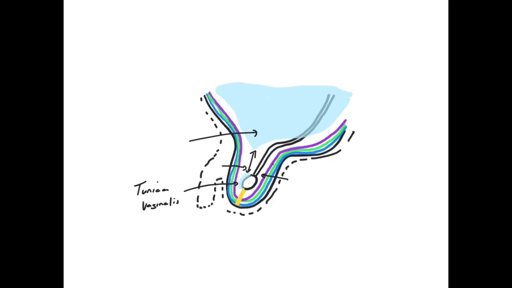This innermost purple layer, derived from transversalis fascia, becomes the internal spermatic fascia. The green layer, the next layer in, becomes the cremasteric fascia, which is derived from the internal oblique muscle. And the outermost layer, this blue layer, which is the deep fascia of the external oblique, becomes the external spermatic fascia.